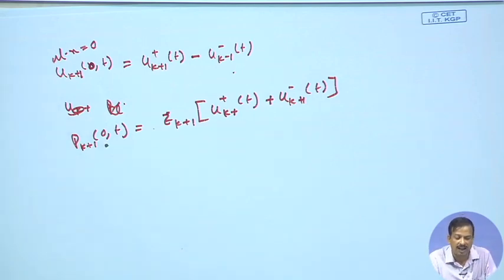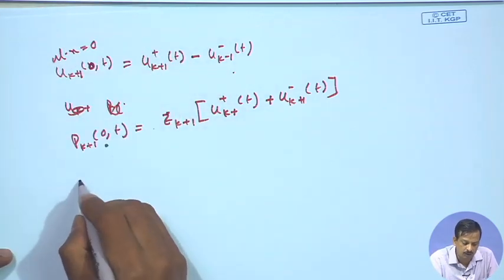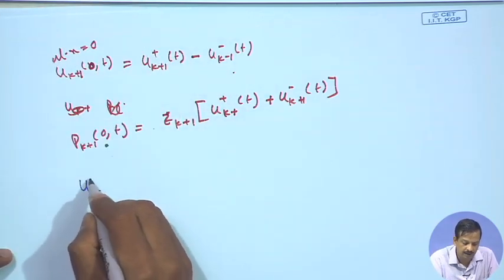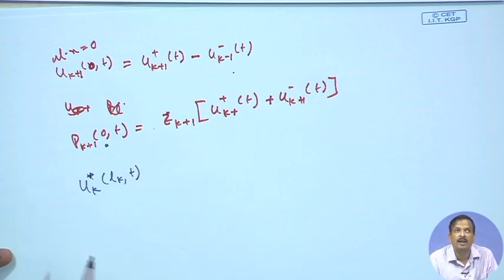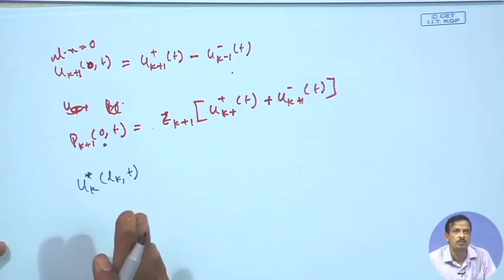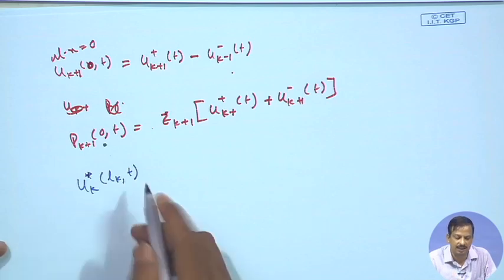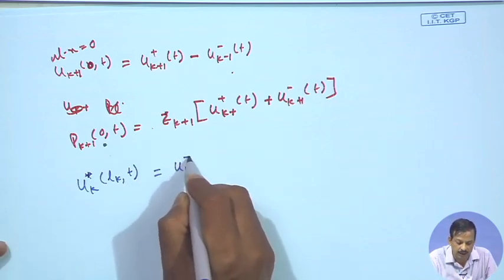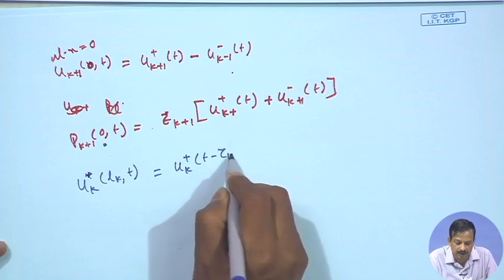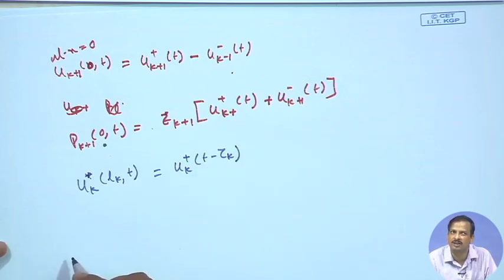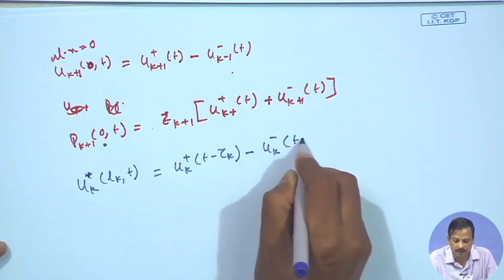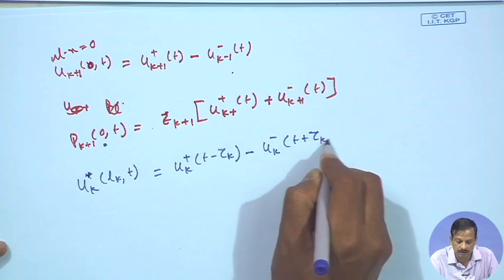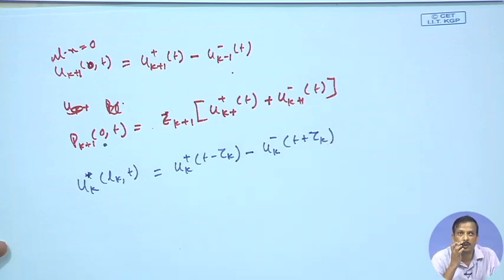At x equal to L at the kth tube, at the end of the kth tube, u_k(L_k, t) is nothing but u_k^+(t - tau_k), where tau_k is L_k by c, minus u_k^-(t + tau_k), okay or not.